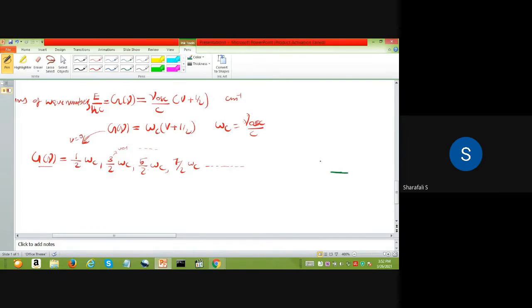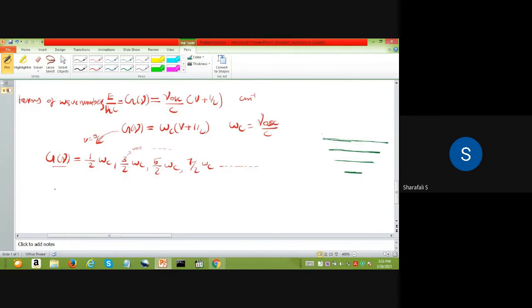Then we have the second one, which is your V equal to 1 case. Then the next one is V equal to 2, then we have V equal to 3. The separation should be the same. Why should the separation be the same?